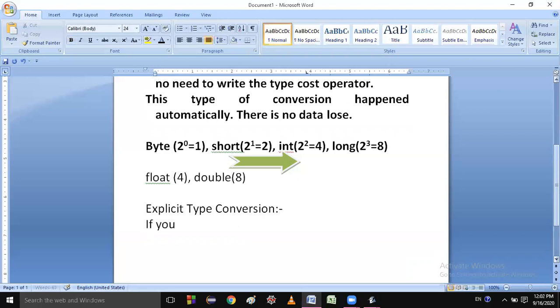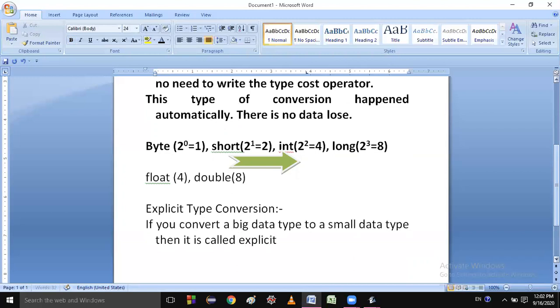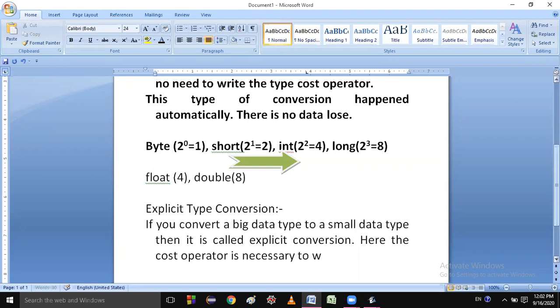If you convert a big data type to a small data type, then it is called explicit conversion. Here the type cast operator is necessary to write.